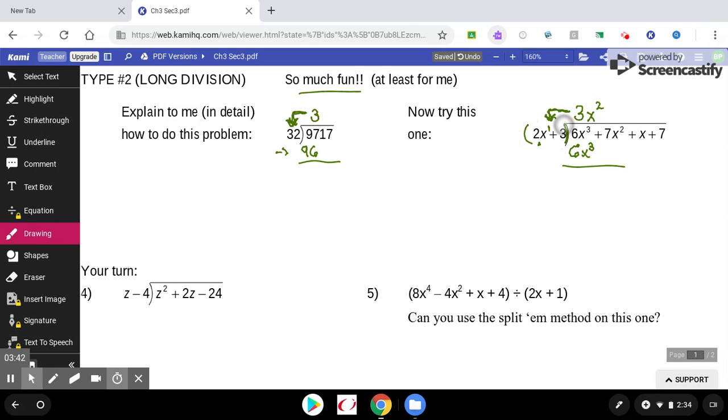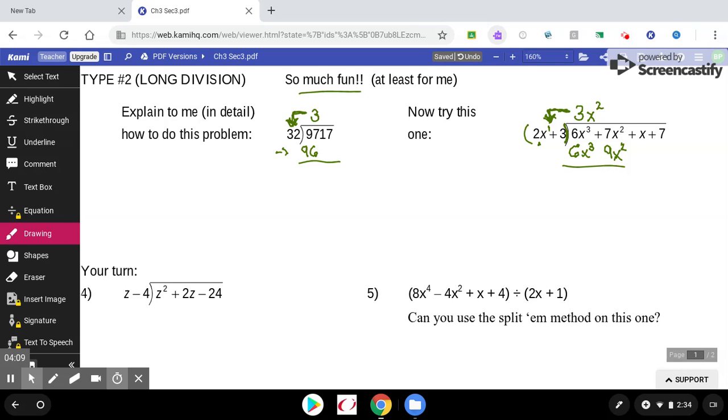If you put parentheses around this guy out front, it might remind you it's like doing a distributive property. I have to do 3x squared times both of those terms. We've already done 3x squared times 2x. What's 3x squared times 3? That would be 9x squared. So you have to do them both. It's similar to the problem on the left in that you're getting 2 digits, and over here on the right we're getting 2 terms.